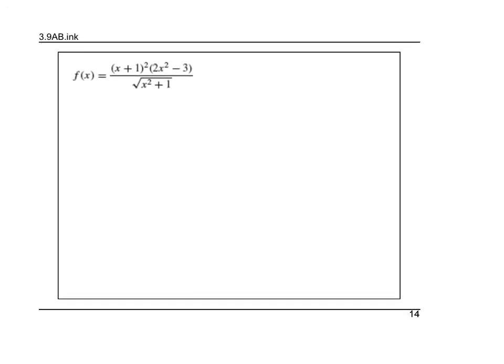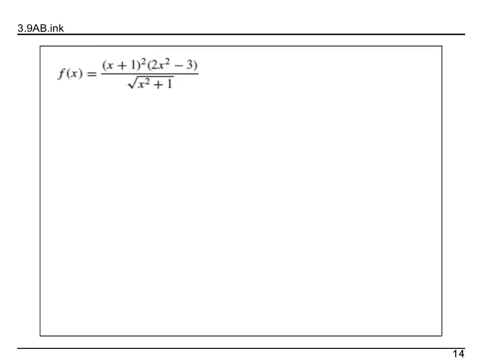All right, so here's the first example, right? It has multiple chains, it has product, it has quotient. So this is a problem that we could apply logarithmic differentiation to. So if I apply an ln to both sides, remembering that the left-hand side is just as important as the right-hand side. It's ln of f of x.